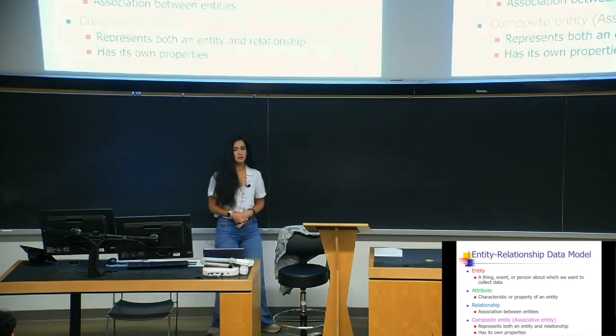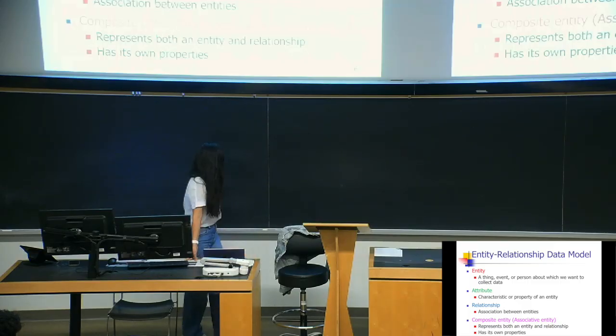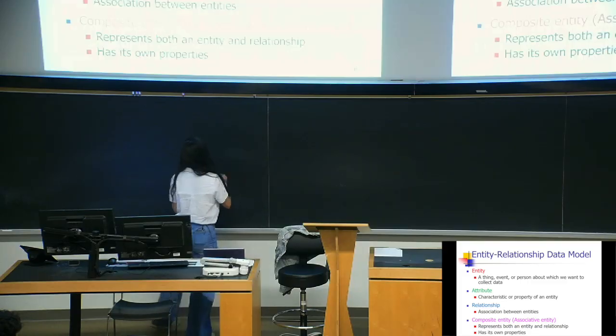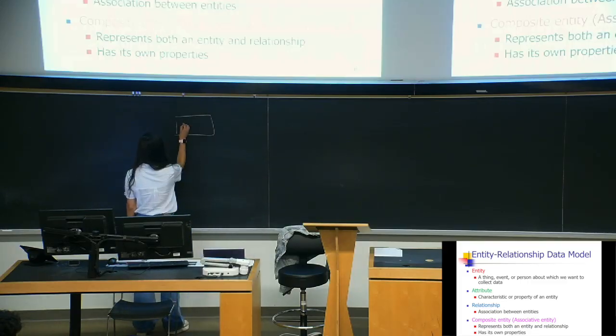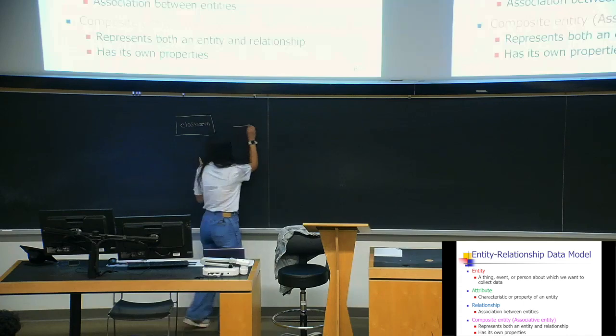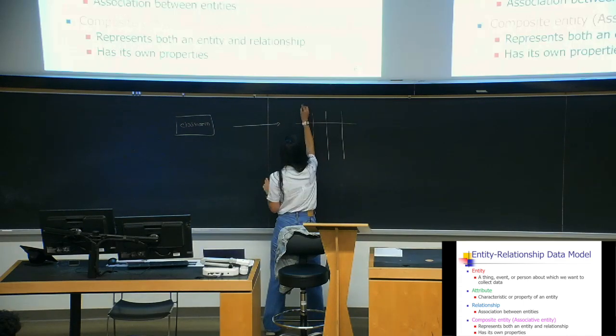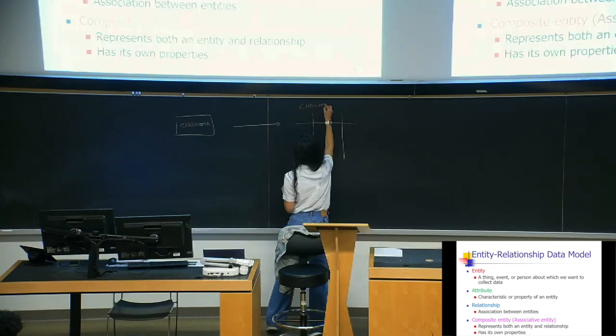What if an entity is the classroom? What are the features of the classroom? Students. So if I have a classroom, which is your entity, and we show entities with a rectangle, this will become a table in your database. So you will have a table of classroom.